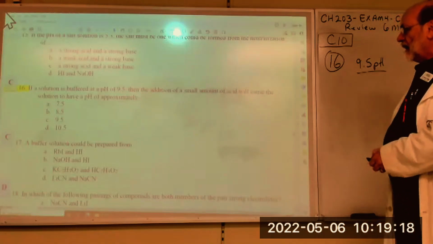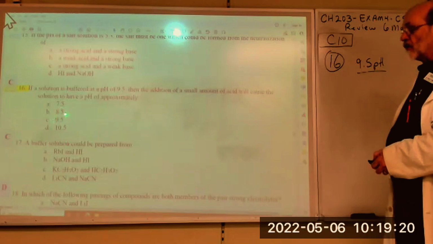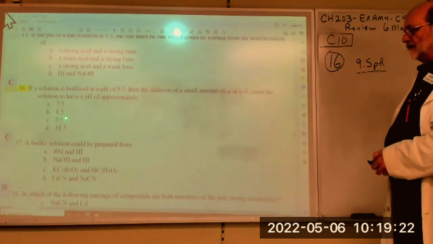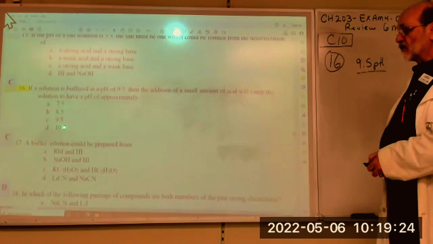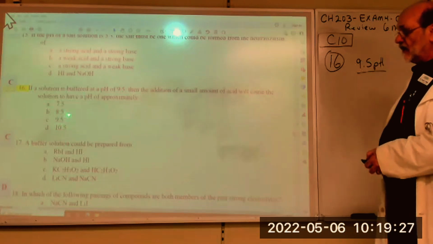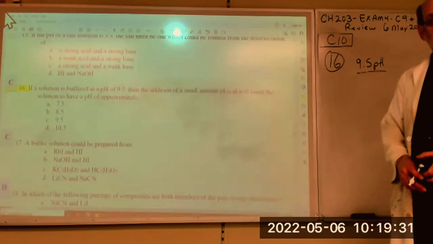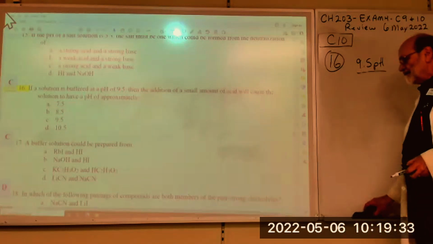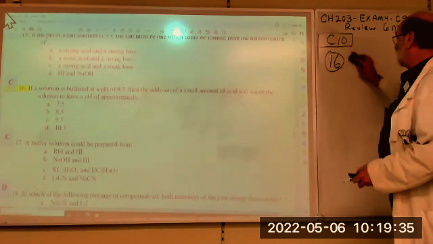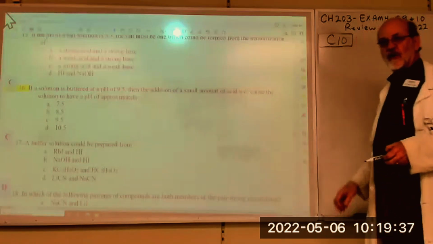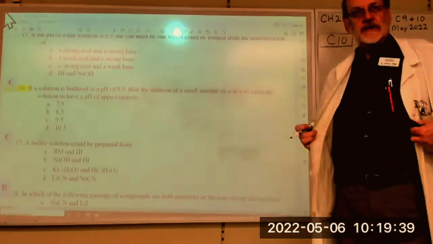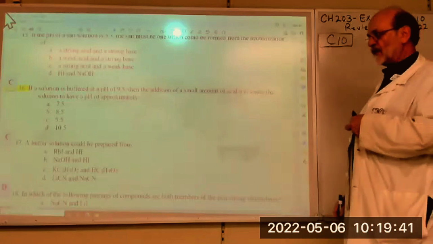Besides, the acid would not make it jump a whole unit. So none of these others would be valuable. Definitely not that one. But this one's too far and that one's way too far. So 9.5 is the best answer. Now, if you have a pH meter that will read out to 3 decimal points, you'll probably see a shift, but it won't be much.